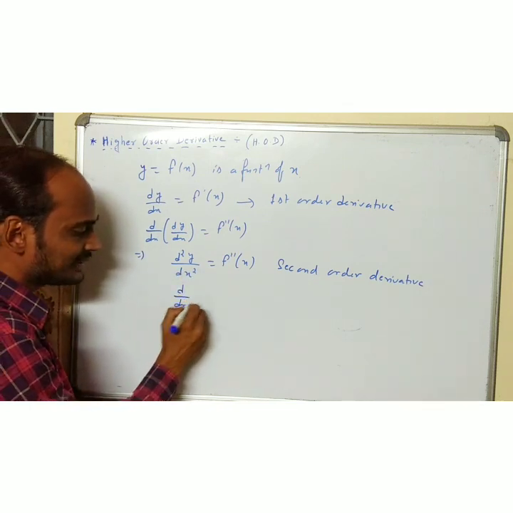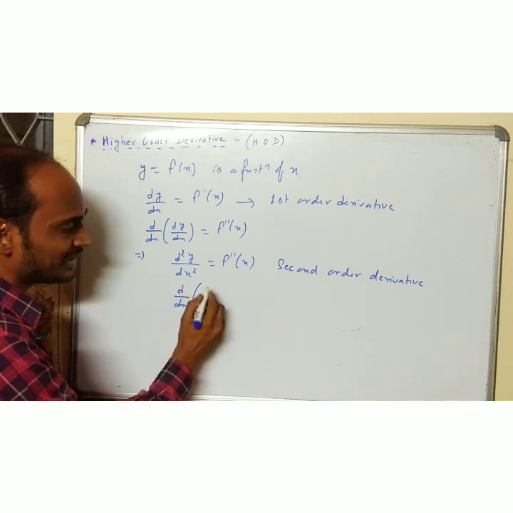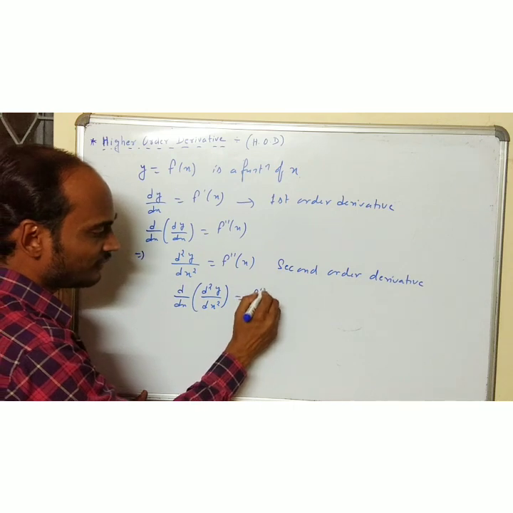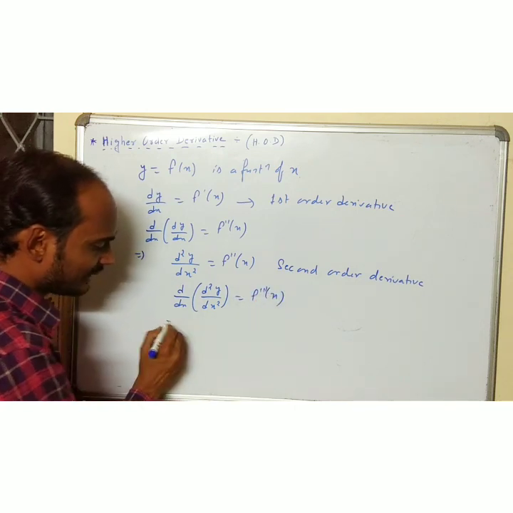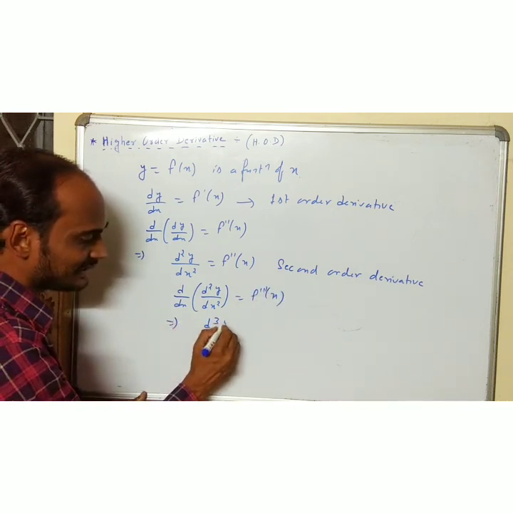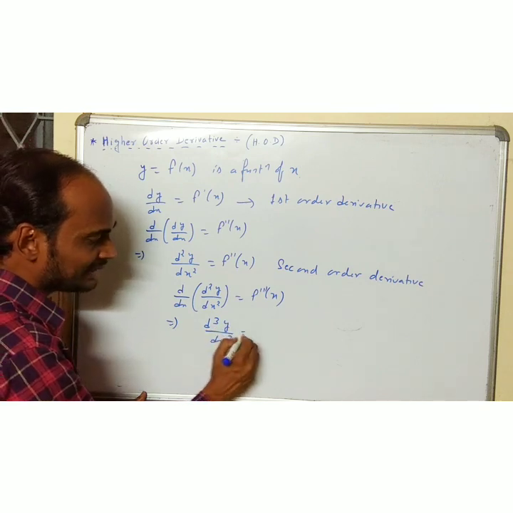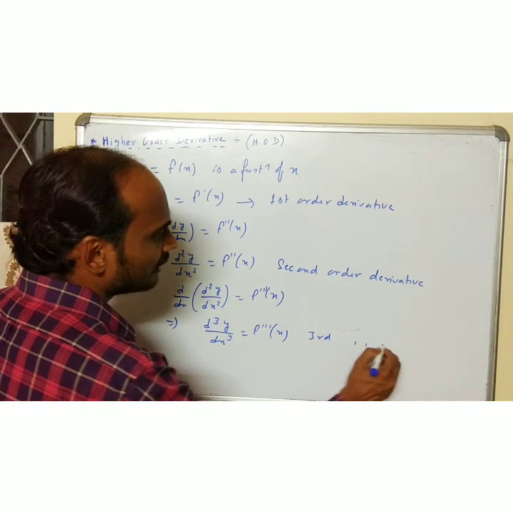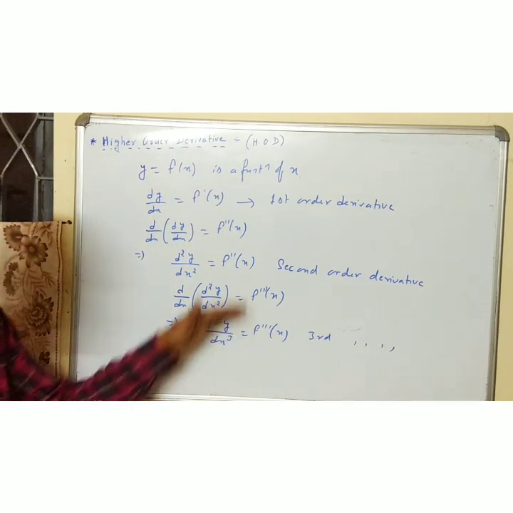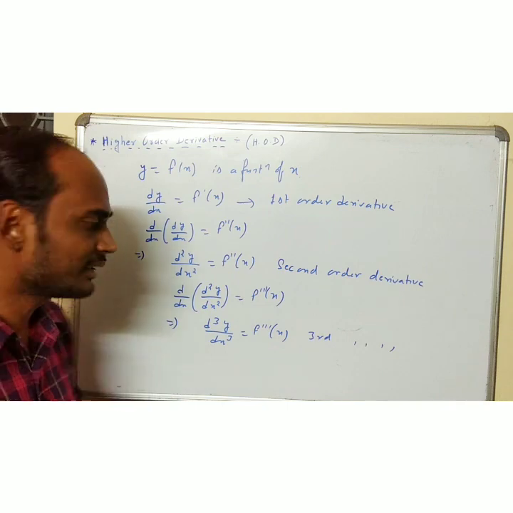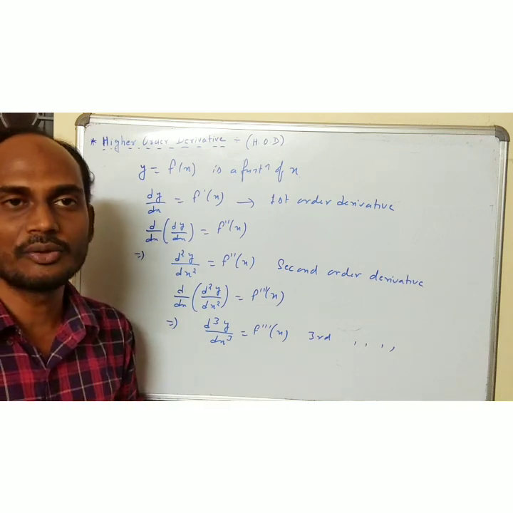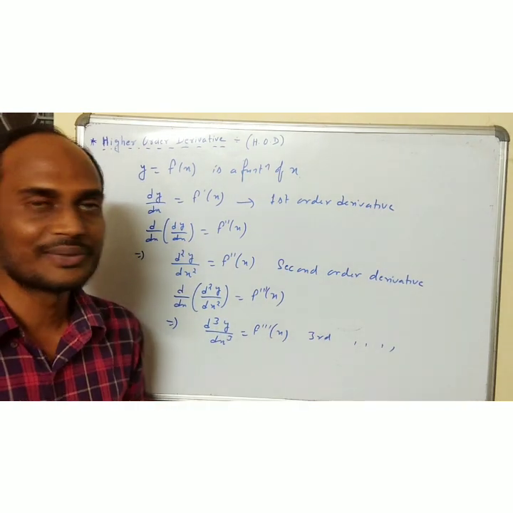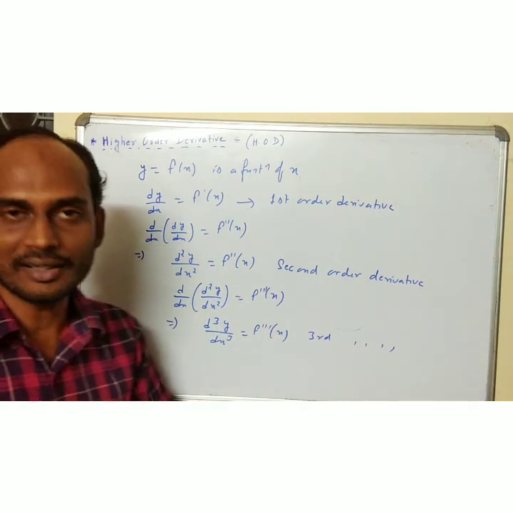Then the derivative of d2y by dx2, differentiation with respect to x, is denoted by f triple dash of x, and we write this as d3y by dx3, and this is called the third derivative or third order derivative of the function. If it continues like that, we can write the fourth order derivative, and it may continue up to the nth order derivative. This is called successive differentiation or higher order derivative.